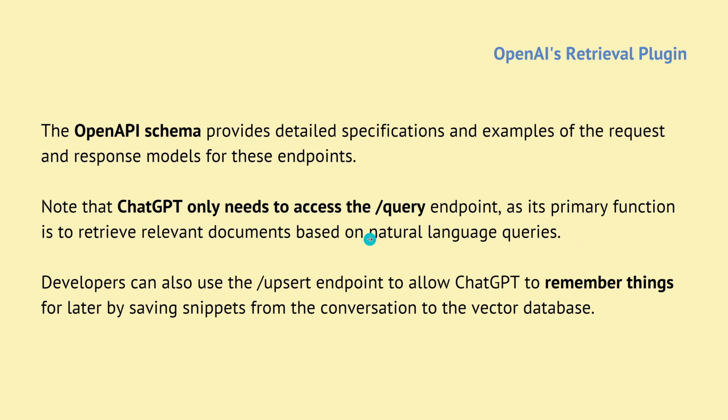But of course, if you have an intense conversation, for example, with ChatGPT over several days, you want ChatGPT to remember everything that was spoken before, so you cannot save it in ChatGPT itself. So you have to save it somewhere else.